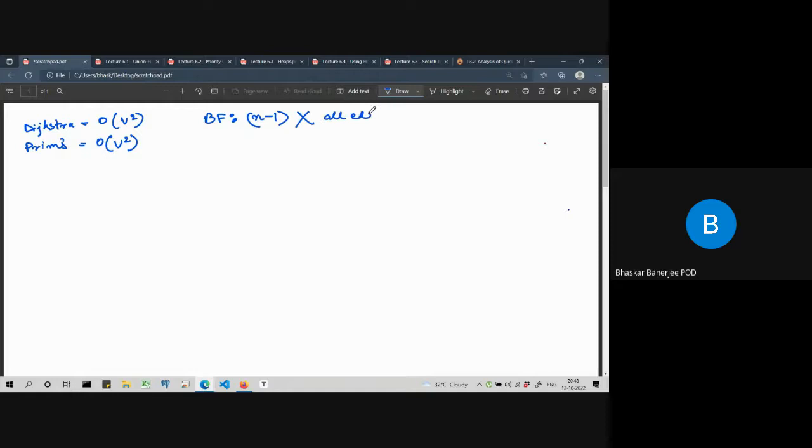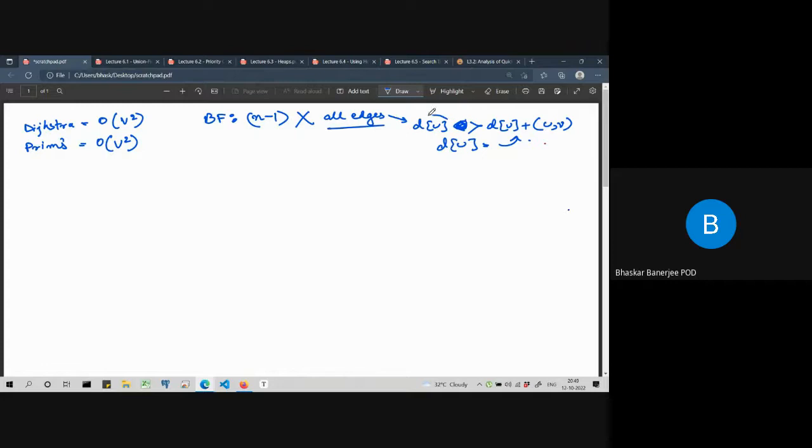For all edges you check the condition, whether d of v is greater than d of u plus the weight of uv. And if it is so, then you change d of v to this value. So you apply this condition for all the edges.